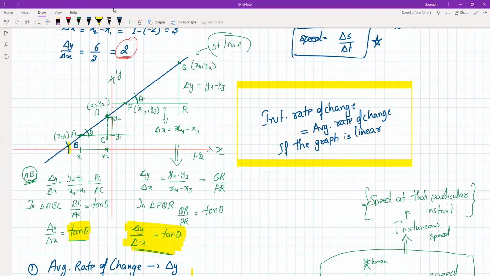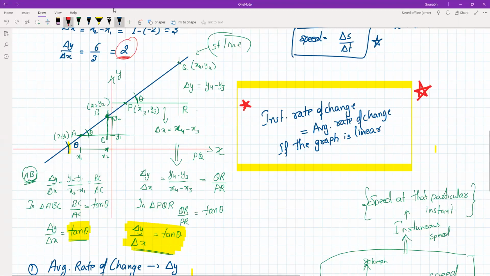So I hope you understood this. This is applicable only when the graph is linear. If a graph is linear, your average rate of change as well as the instantaneous rate of change are going to be the same, because we have already seen that in such cases the rate of change is always uniform.